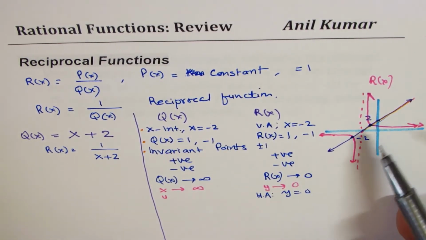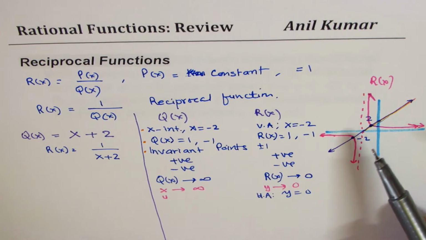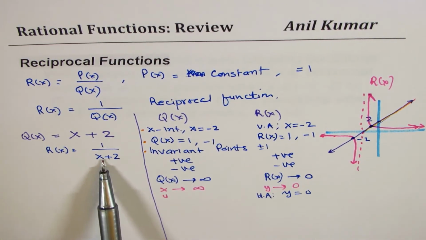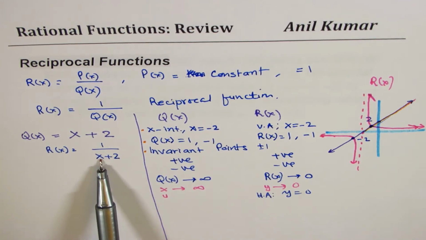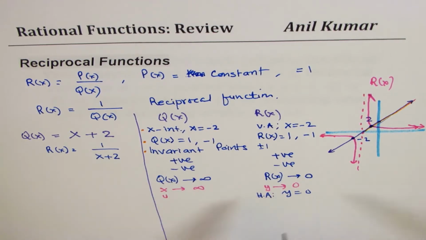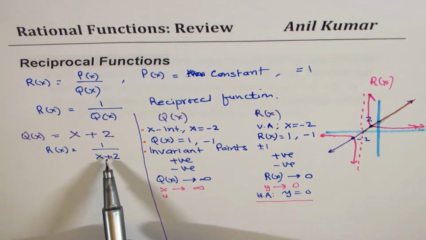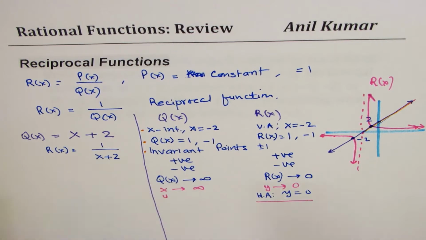Now the key features which I have taken into consideration are, one, the denominator being 0 leads to a vertical asymptote. Now you also see the numerator is degree 0, here the degree is 1, so a higher degree in the denominator gives you a horizontal asymptote, y equals 0, correct? Wherever the graph is positive, the reciprocal is positive, negative, negative.